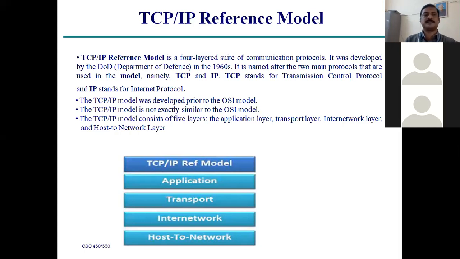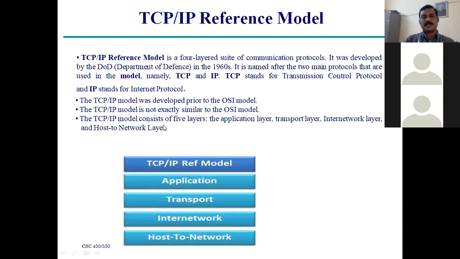That's why 4 layers, while in the OSI reference model there are 7 layers. Each and every layer works similar to the OSI reference model, but very few layers are available in TCP/IP compared to the OSI reference model.